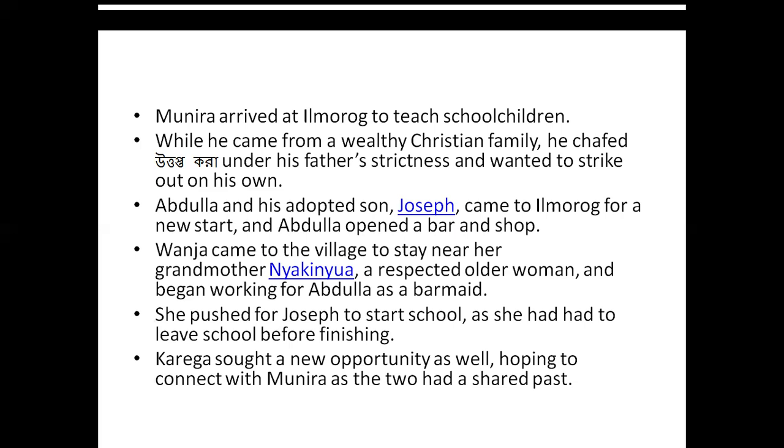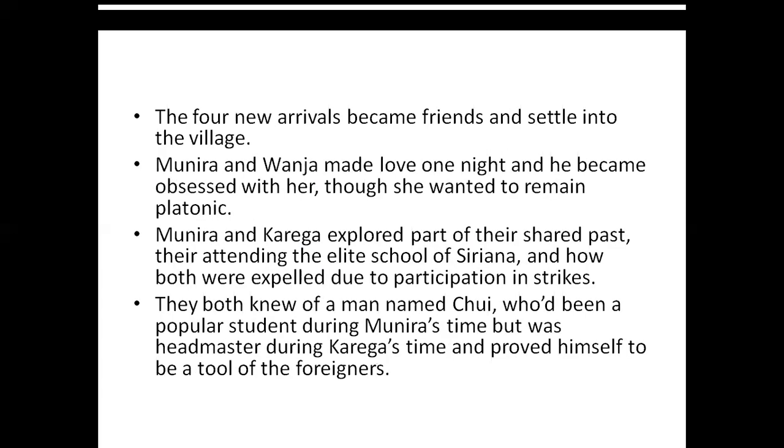And for this reason, Karega started teaching in Munira's school in this village, Ilmorog. These four new arrivals, Karega, Munira, Abdullah, and Wanja, become friends and settled into the village because their motive was the same. After Kenya's independence, what to do? That was their notion. And for many reasons, they left their house and home and came to this place, Ilmorog, to settle down.